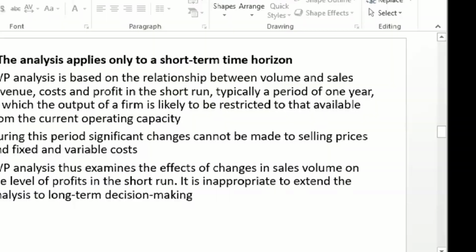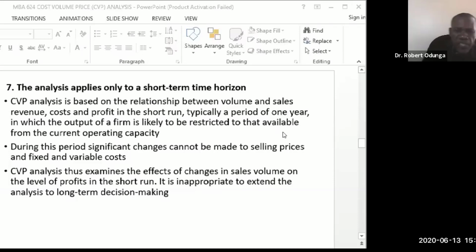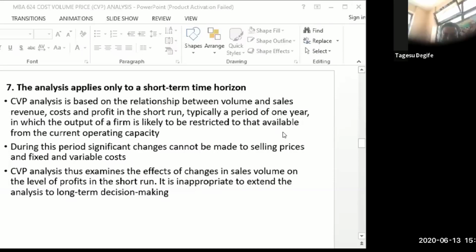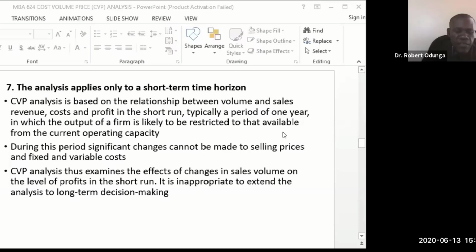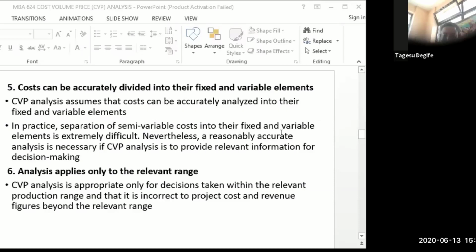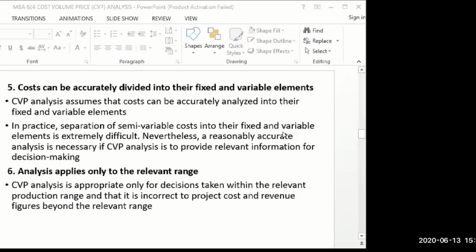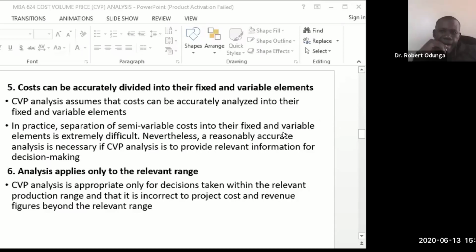Let me just share, because your questions are referring to some specific assumptions. The first question was asking about assumption number 6 and assumption number 7, the difference or the clarification on the assumptions. That was from Bekele, all right?